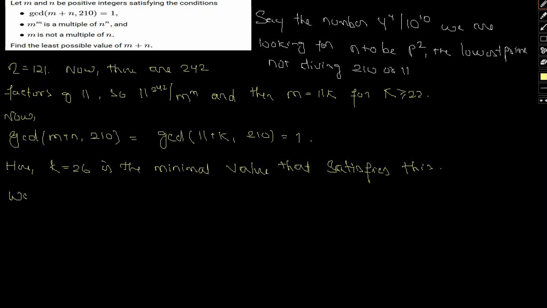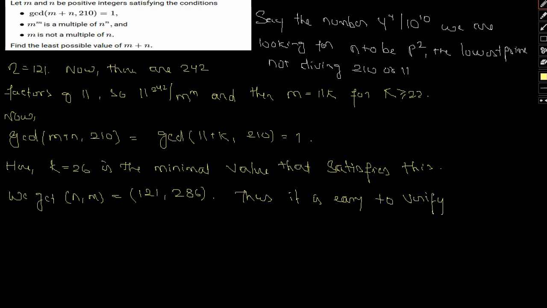We get m comma n equal to 121 comma 286. So thus it is easy to verify this is minimal.